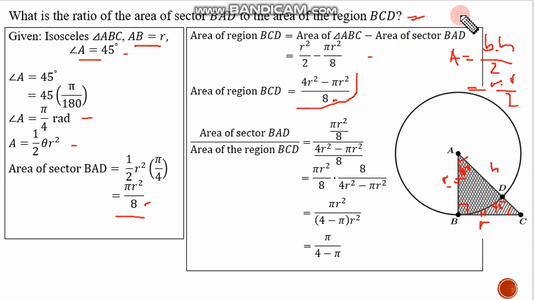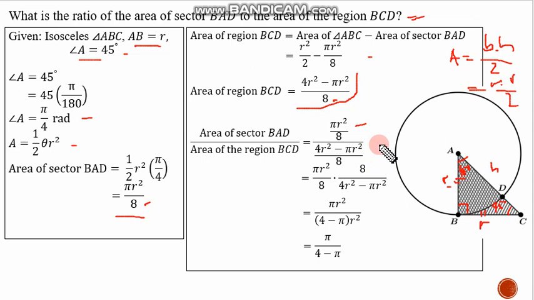Okay, the real question here is the ratio of the area of sector BAD to the area of region BCD. So the area of sector BAD over the area of region BCD. The area of sector BAD is pi r squared over 8, over the area of the region BCD, which is 4r squared minus pi r squared over 8.